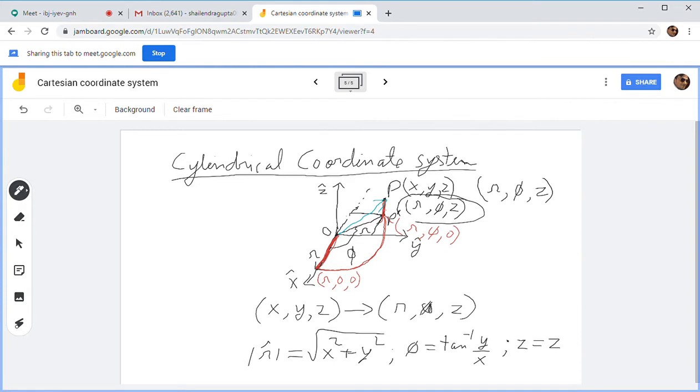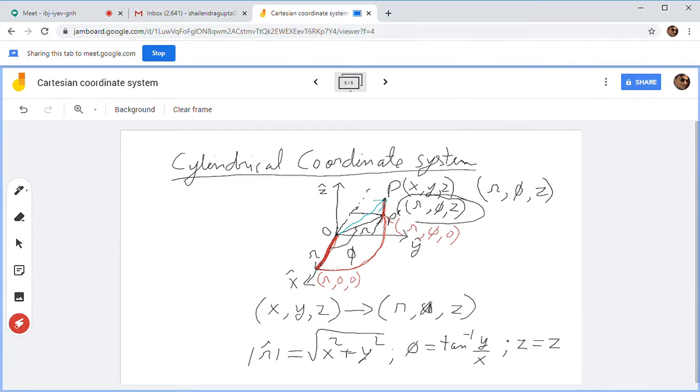But the tougher, more unconventional task is if you move from R phi Z to X Y Z. If the point P is given in terms of R, phi and Z, then anybody can ask you to convert this into the rectangular coordinate system.